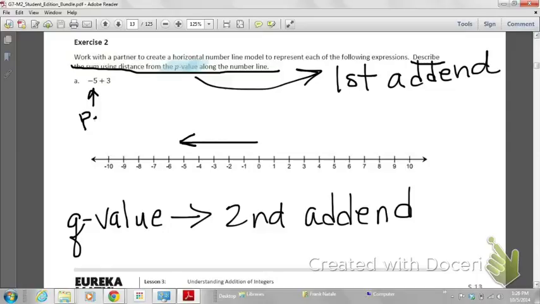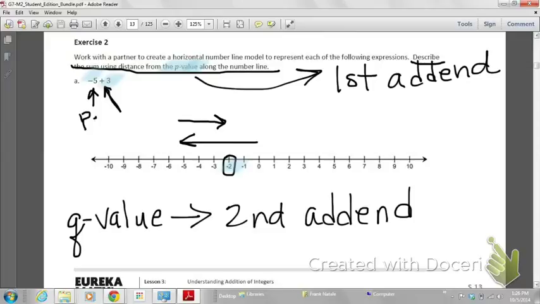As there's a plus sign here and no negative sign, we're going to go to the right, 3, 1, 2, 3, right there, and we end up at negative 2. So negative 5 plus 3 leaves us with negative 2.